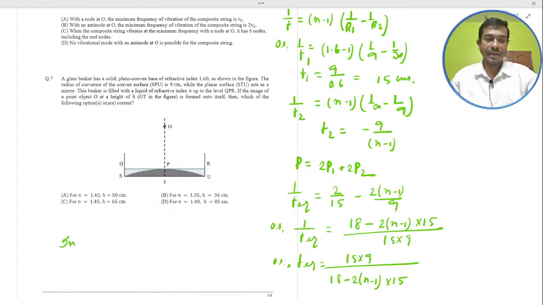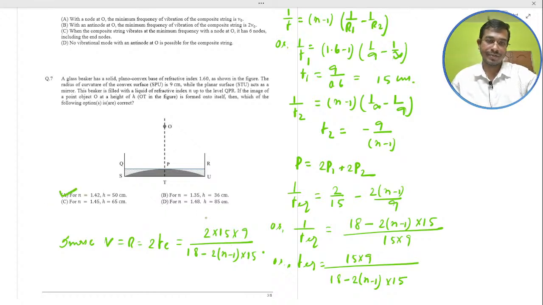So you would get the image at v equal to R, this is twice f equivalent. This is equal to 2·15·9 divided by (18 - 2(n - 1)·15). Calculate. For n equal to 1.42, you would get the height 50 cm.